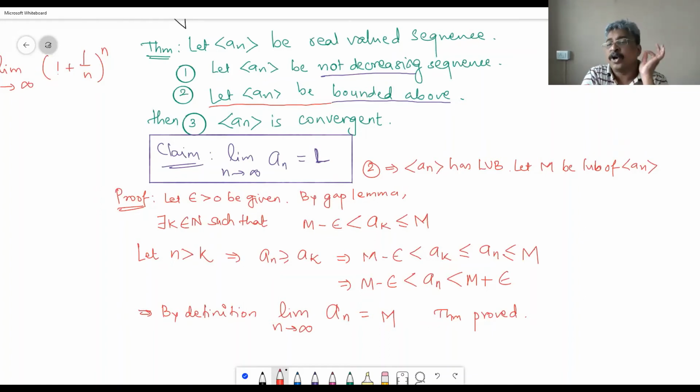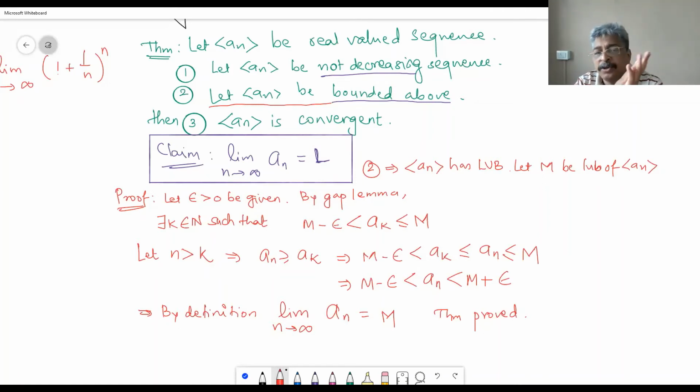So by gap lemma, you have found one element between M minus epsilon and M. And then because it is a non-decreasing sequence, you could find another element of that sequence which is greater than or equal to ak, which is also between M minus epsilon and M, and therefore an for every n greater than k is going to be between M minus epsilon and M plus epsilon.